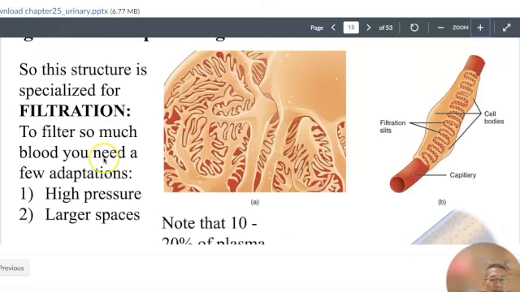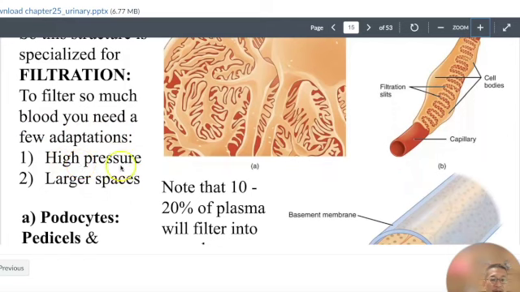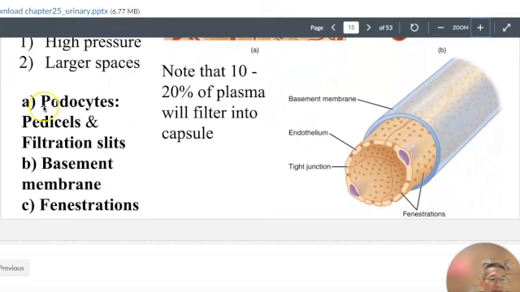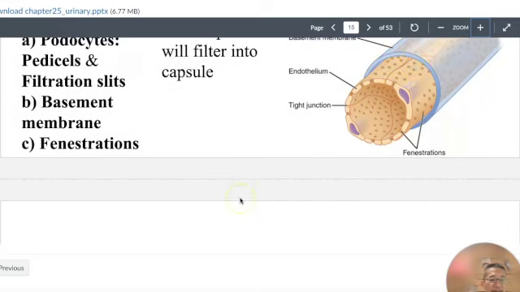To filter so much blood, you need high pressure, so the pressure is pushing the blood through. As pressure pushes through, things will start coming out. Podocyte, pedicel, and filtration slit. The basement membrane and this fenestration will all allow things to pass through.